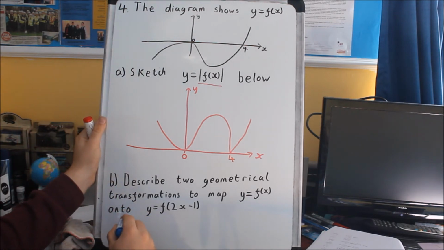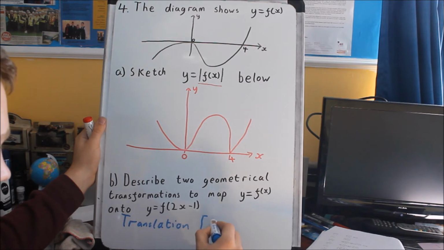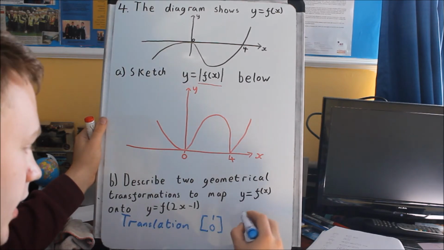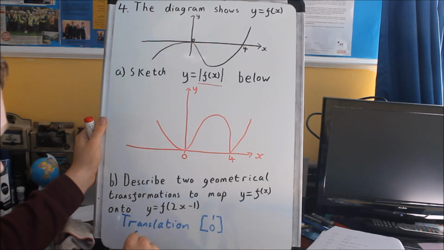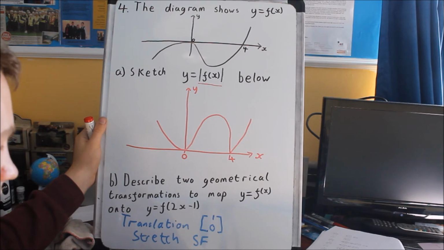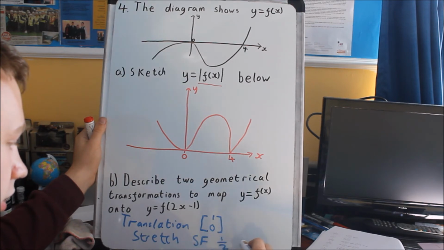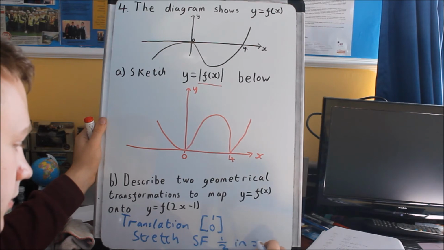You could say a translation by vector and then put the vector in, so it's 1 on the top and 0 on the bottom, rather than minus 1. And then after that it's a stretch, scale factor a half, not 2, a half in the x direction.